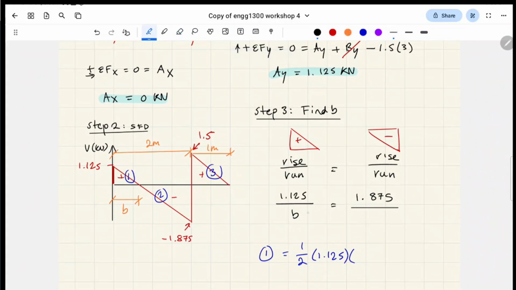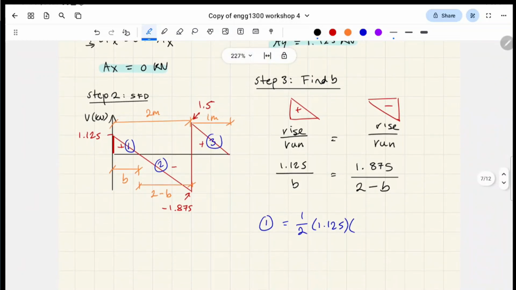That's the positive version of that magnitude, which is the rise in the triangle. And then for the run, you take that length and subtract b, because this distance here is 2 minus b, the total length minus our unknown. So now we can solve for b.